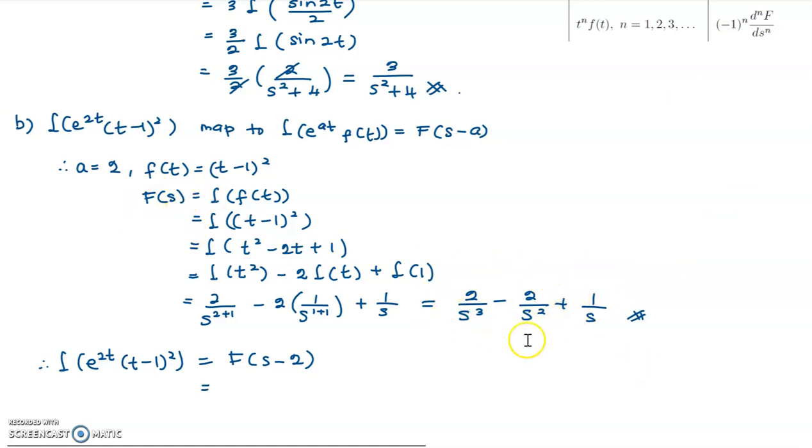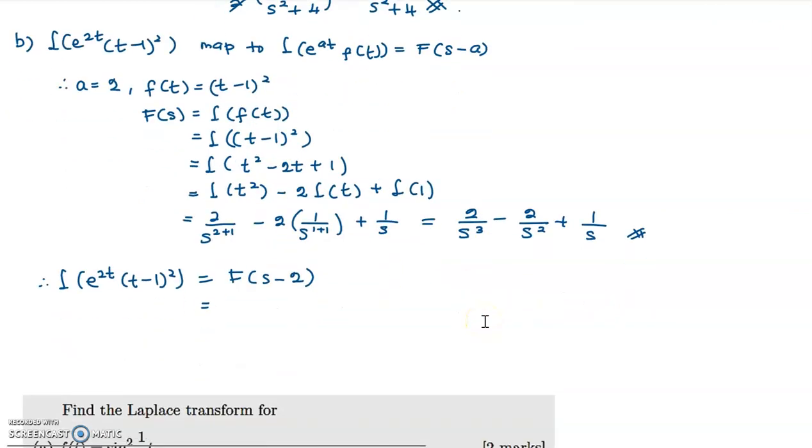F(s) equals this, so F(s minus 2) is basically you just substitute s with s minus 2. So 2 over s cubed now becomes 2 over (s minus 2) cubed, minus 2 over s squared becomes 2 over (s minus 2) squared, plus 1 over s becomes 1 over s minus 2.